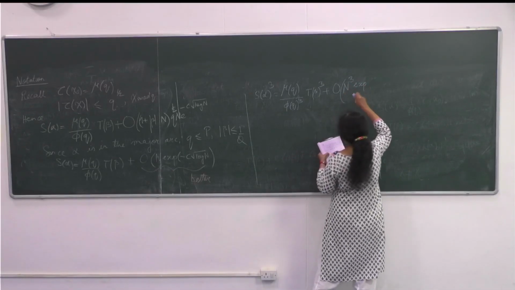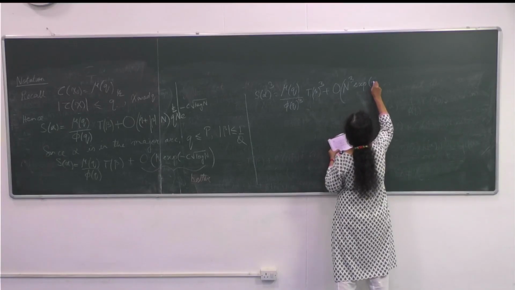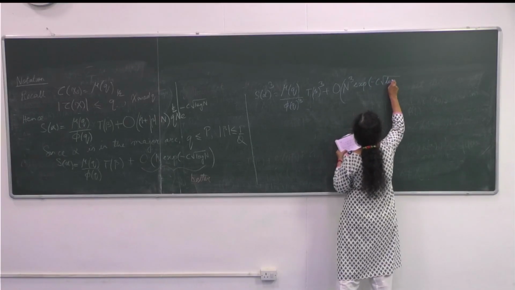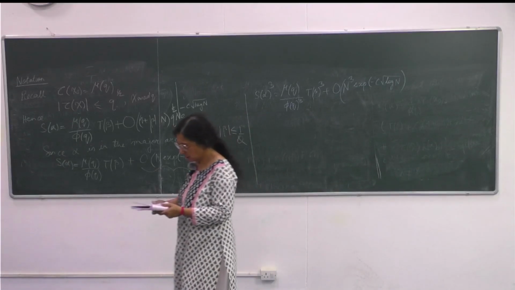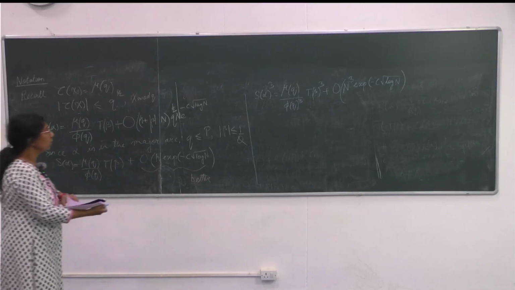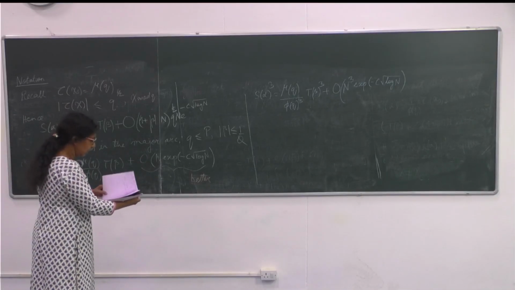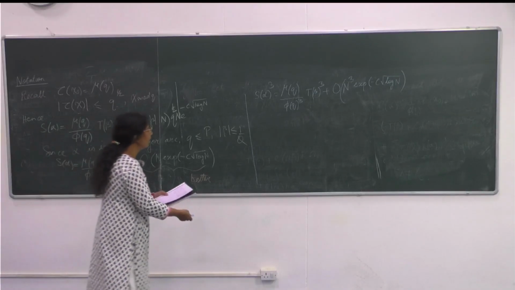exponential minus c square root of log n. All right. So now we are on the major arc. What we have to do now is to integrate over the major arc.